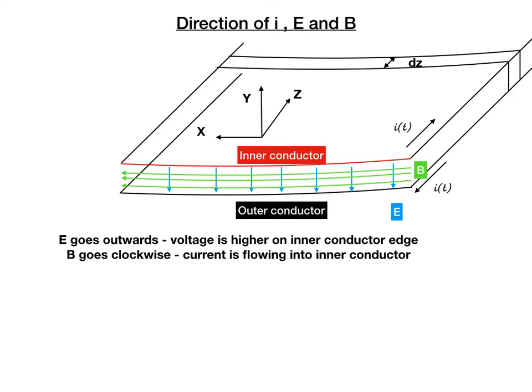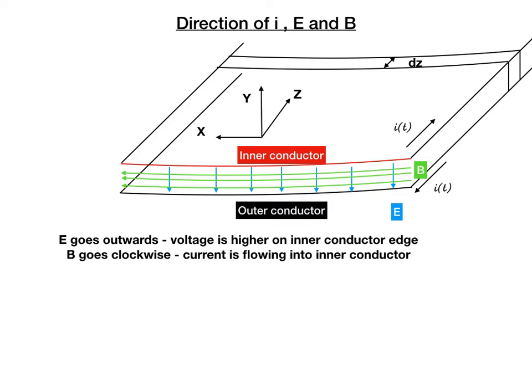Okay, let's look again at what the directions of the magnetic and electric fields are. The electric field is shown in blue and the magnetic field is shown in green. The electric field is of course in the direction from the inner conductor to the outer conductor, where we drive the current into the transmission line and towards the lower voltage.